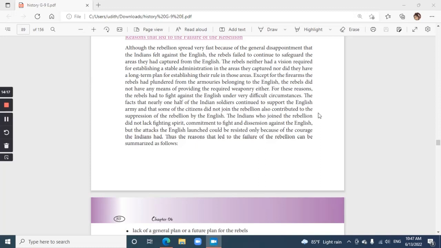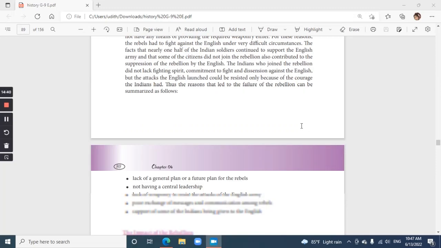They did not know how to fight. They were afraid to fight, and because of that the English attacked them. So these are the reasons that caused the failure of the rebellion.